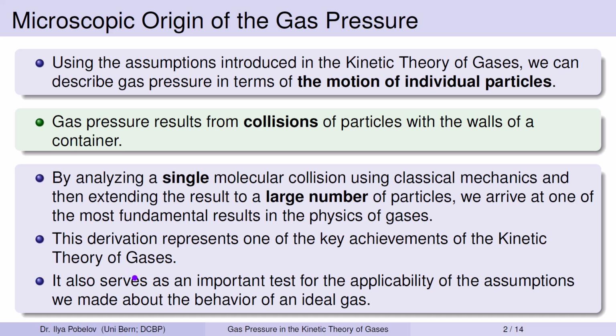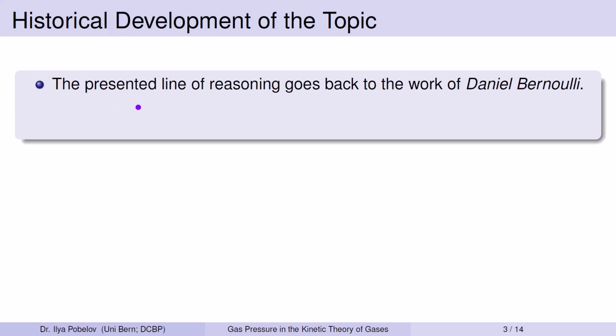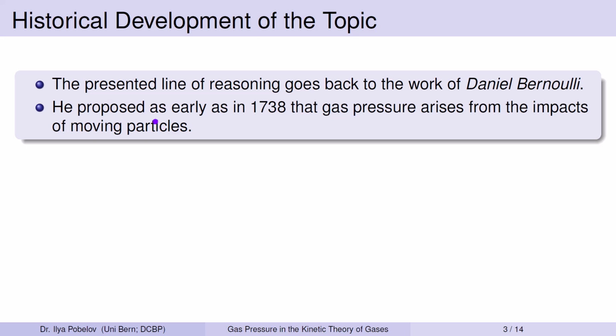It also serves as an important test for the applicability of the assumptions we made about the behavior of an ideal gas. The presented line of reasoning goes back to the work of Daniel Bernoulli. He proposed as early as the year 1738 that gas pressure arises from the impacts of moving particles.